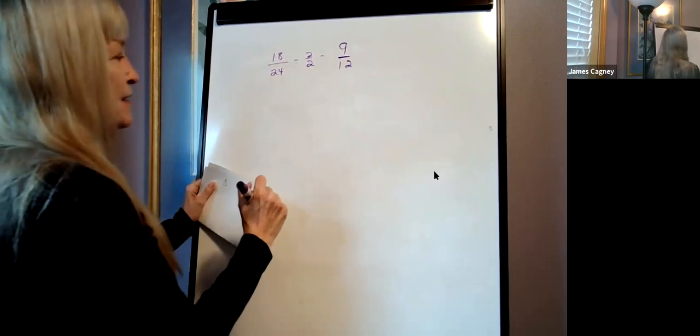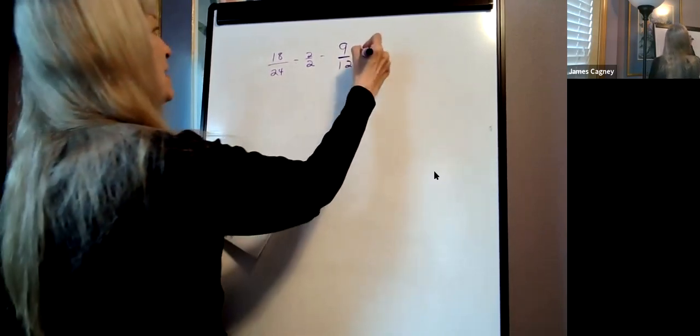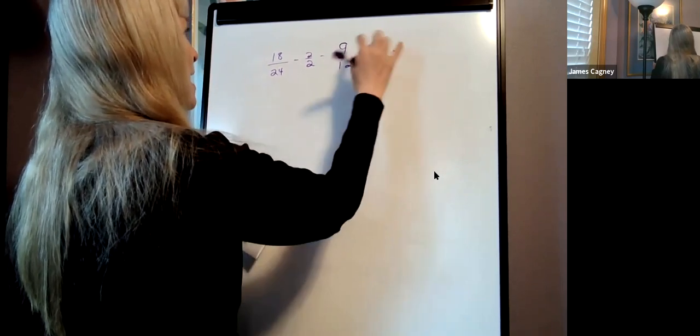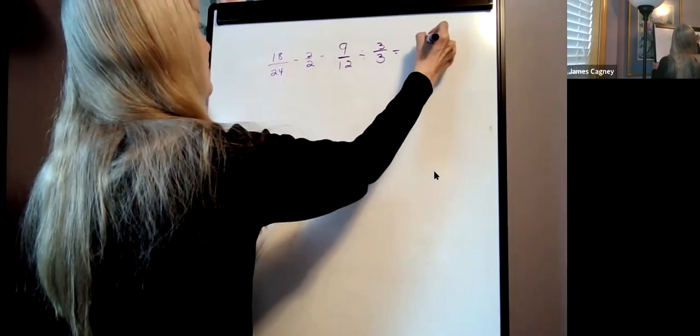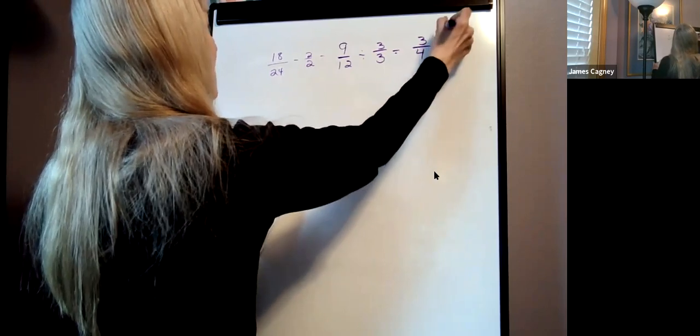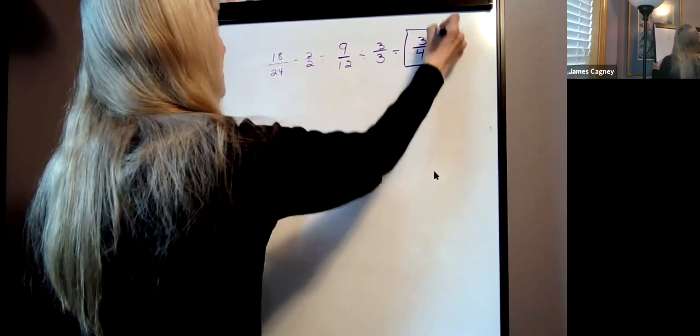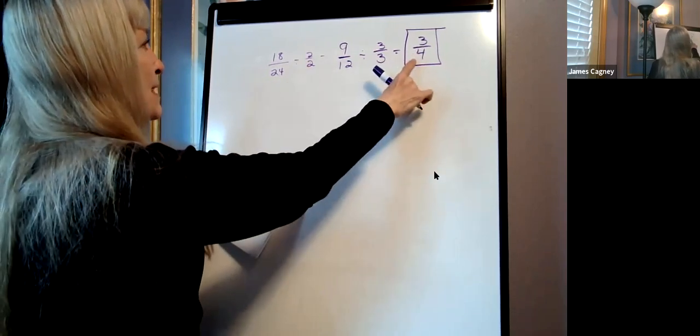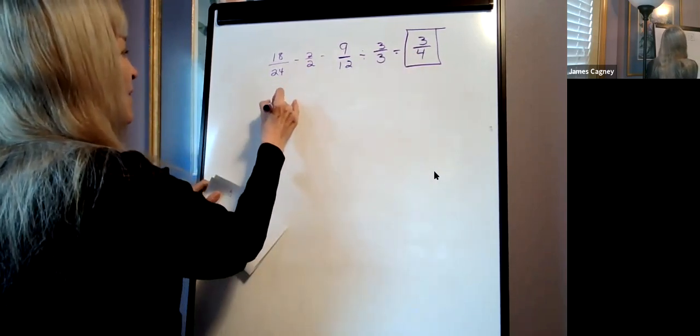Then I look at 9 and 12 and I think, that's really strange because they're both divisible by 3. 9 divided by 3 is 3. 12 divided by 3 is 4. So I'm saying that 18/24 in simplest form is 3 over 4.